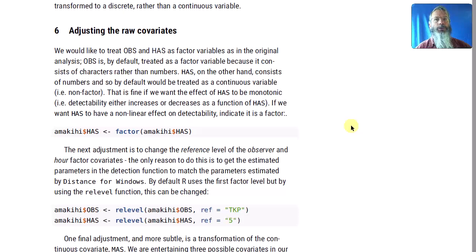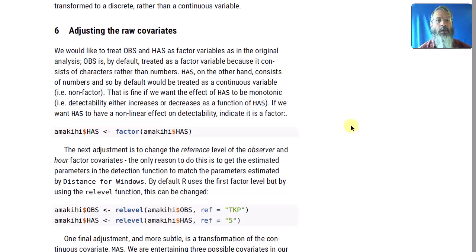Another challenge when fitting detection functions with covariates is that sometimes the covariates might be measured on highly different scales. In other words, minutes after sunrise can take on values between 0 and 300 or 400, whereas hours after sunrise can only take on values between 0 and 4.